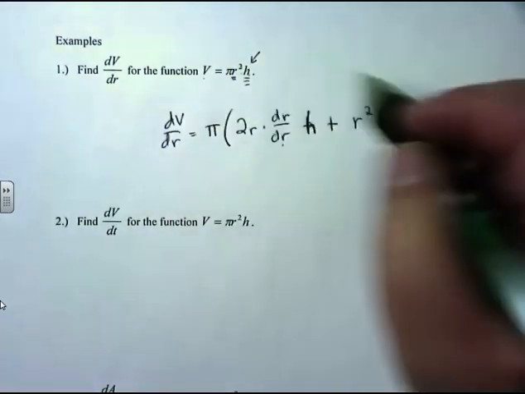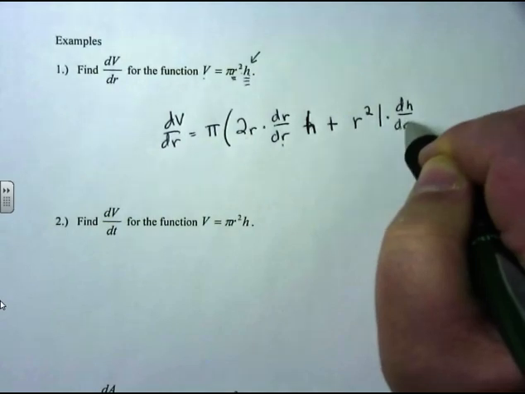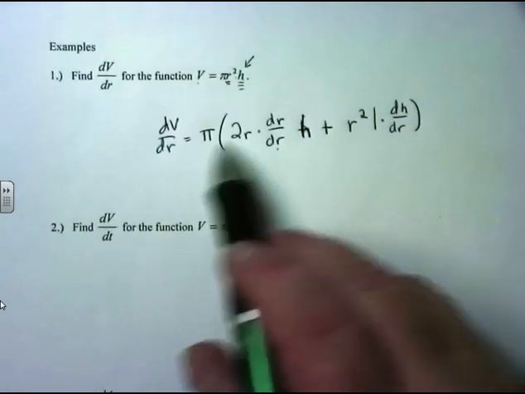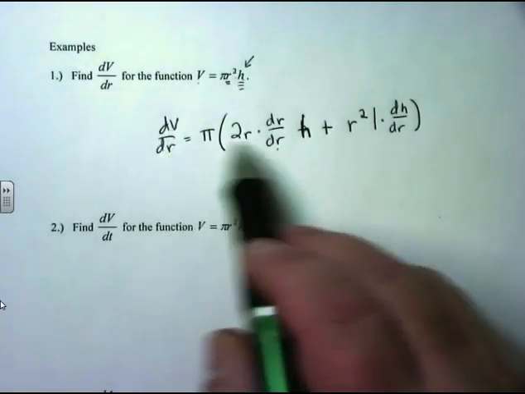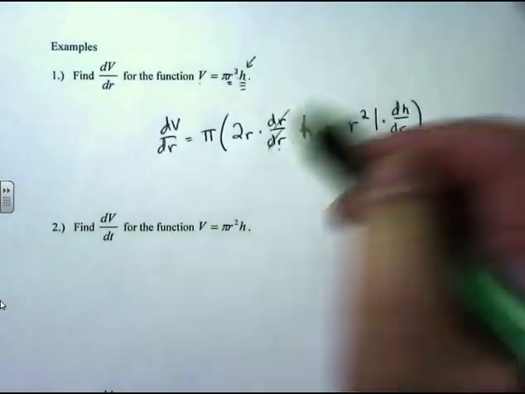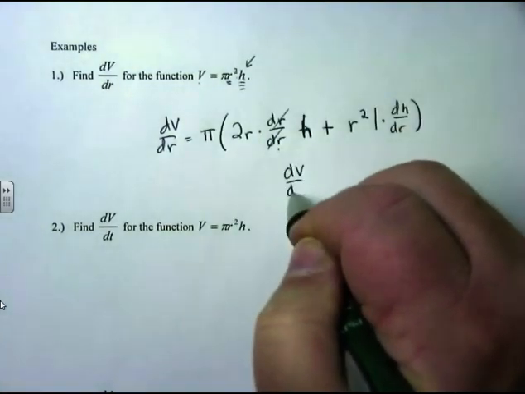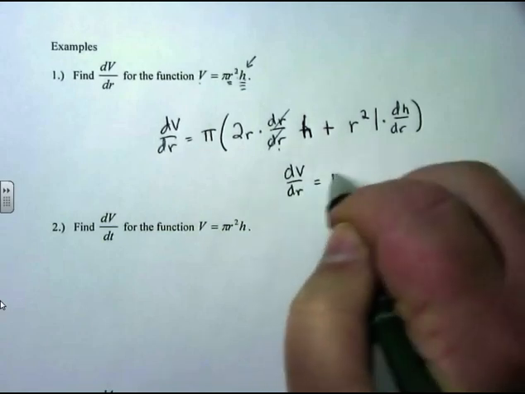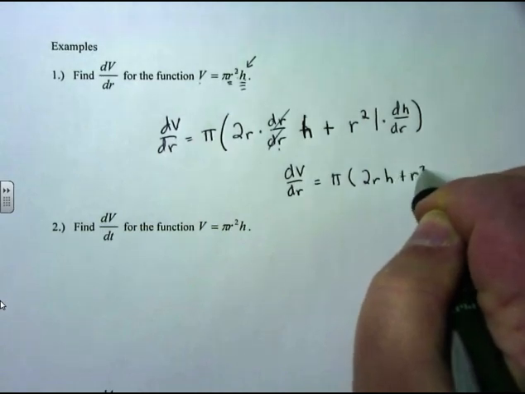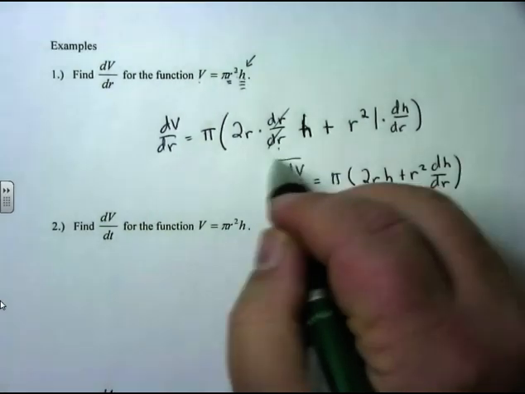Well, derivative of h, being a variable, is just 1 times dh dr. Any time I take a derivative of a variable, I always have to multiply times d, whatever the variable is, dr. So notice these dr's on the bottom there. But you'll notice that dr over dr ends up canceling. So you end up getting the answer: dv over dr is equal to pi times 2rh plus r squared times dh dr. And that is my solution.